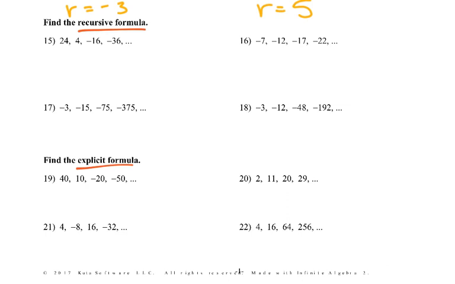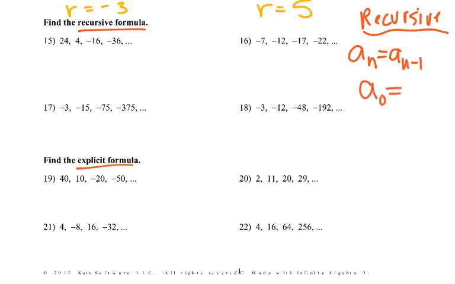Okay? So remember, with recursive, our format is always the same. We always go a sub n equals a sub n minus 1, and we like to start at a sub 0. Now we could start at a sub 1, but it's a better habit to be starting at a sub 0. Okay? But when we're just given a list of numbers, that first number is always going to be just our first term.